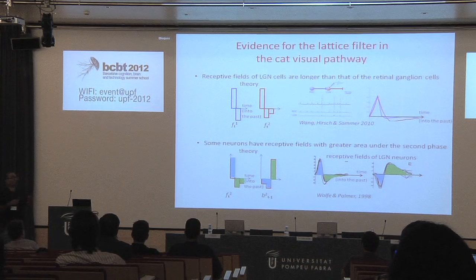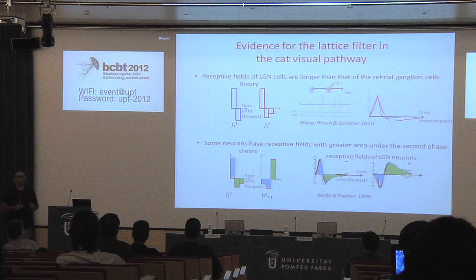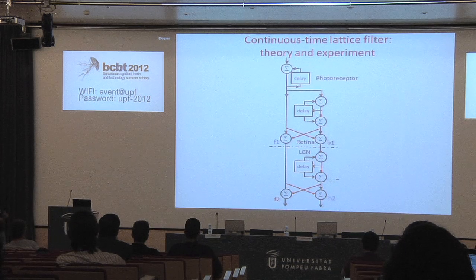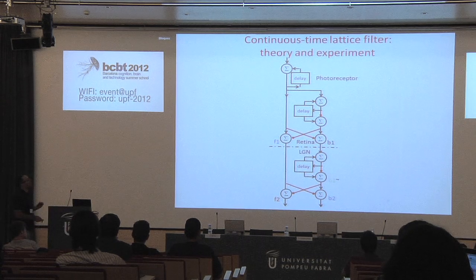Well, it turned out that this was a discrete time theory. If you actually try to build a continuous time lattice filter, you have to alter it somewhat. And as a result of that alteration, you reproduce exactly that width of the second phase. And the way you do it is instead of using delays in the second pathway directly, you do something very tricky.